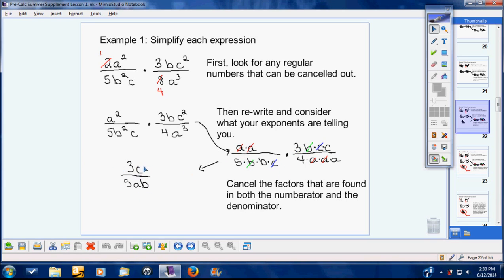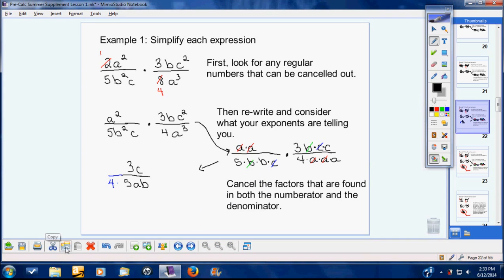3C is left in the numerator, 5, and there's an A left down here. There's a B left down here. There is also a 4 left. So we've got our 3, our 5, our 4. Those are all left behind.